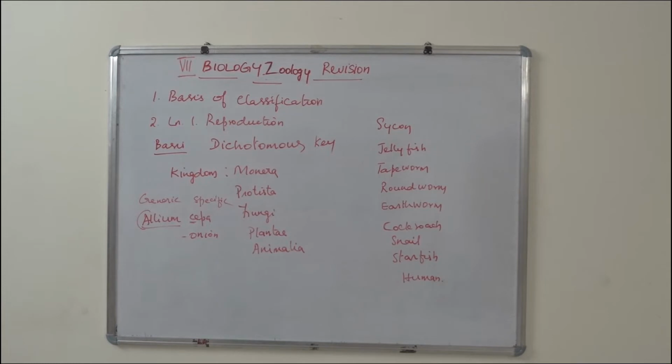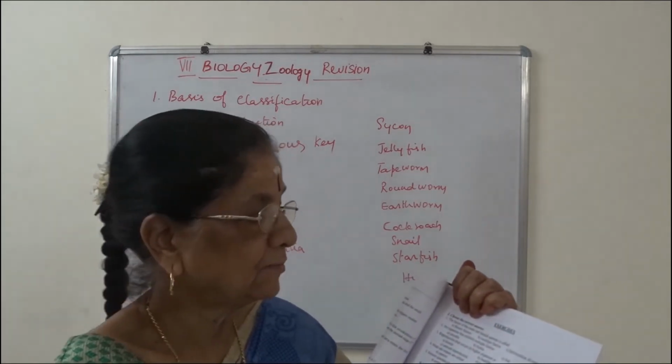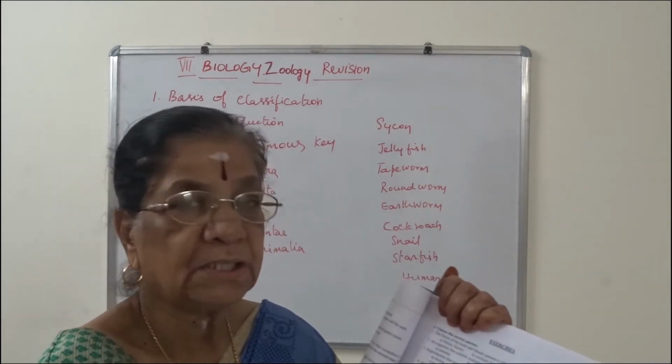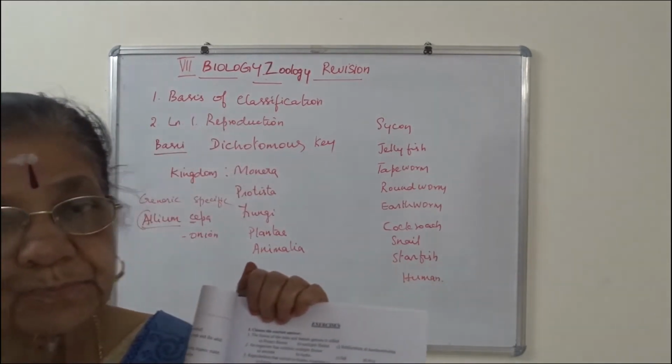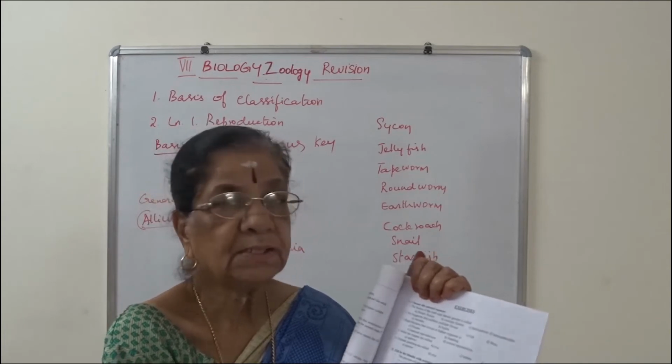Fusion of male and female gamete is called fertilization. Right? An organism that exhibits multiple fission is amoeba.